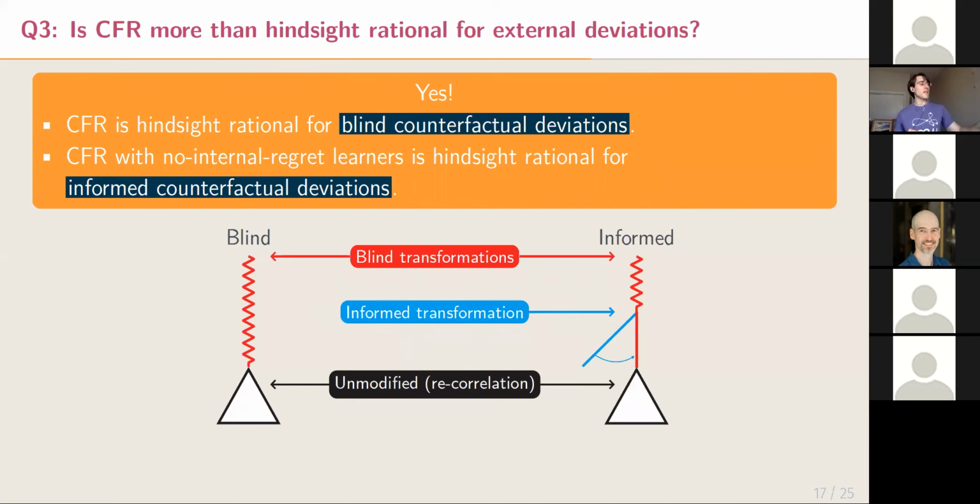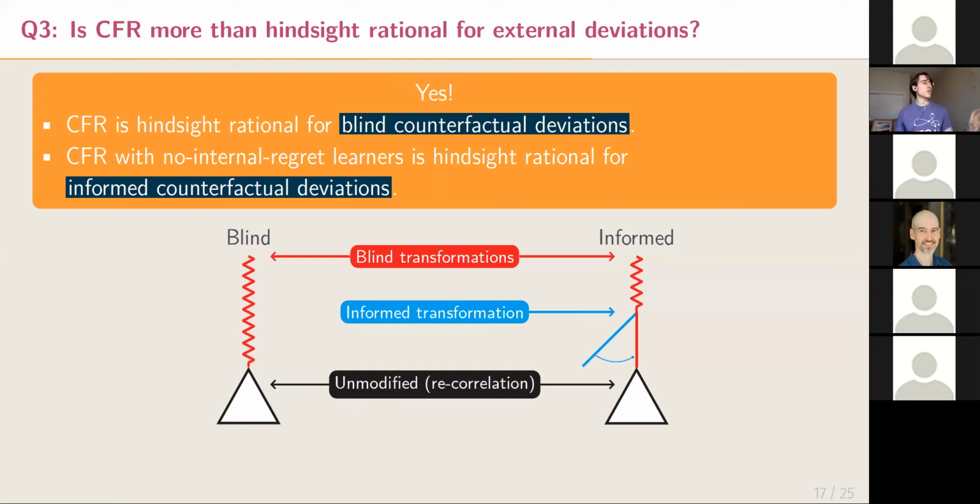Using this and adapting it to be symmetric with the informed action and causal deviations, we can get an informed counterfactual deviation where we have a sequence of blind transformations to a target information set. Then we have a single informed transformation, and then again, we recorrelate.